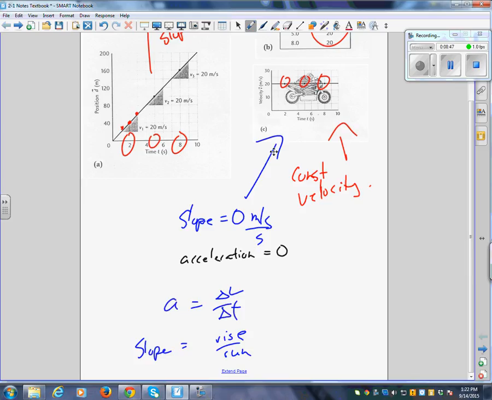It's the change in the velocity, right? The delta y is delta v, delta velocity, and the run is how much the x-axis changes, which is the t. And what is the slope? Well, it's acceleration. It's really a graphical derivation of a equals delta v over delta t. It's really what it is.